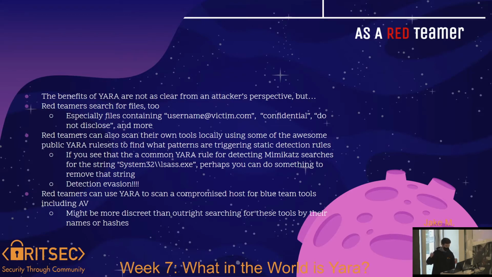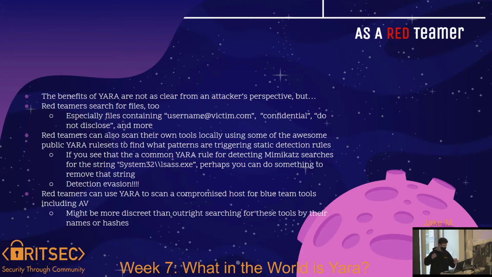Red teamers can also use it to scan their own files. If you know that your tool has something that will trigger static analysis tools, you can download a bunch of rules or run it and see what bytes are triggering.